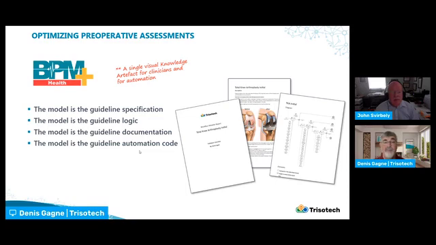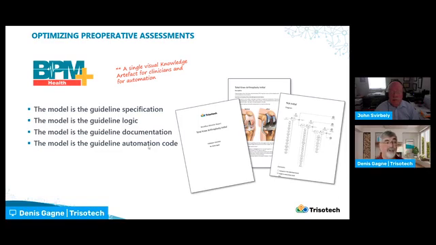So rather than having multiple artifacts whose life cycles you have to manage, where whenever the base document narrative changes, we have to change the logic, and then from that we have to change the code, here you have a single artifact that provides you with all these different aspects of your model. So that's a very efficient and effective way of doing this.